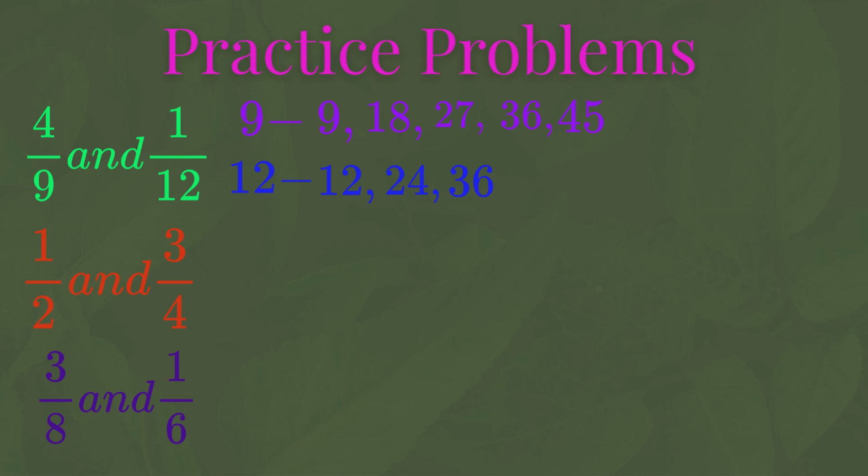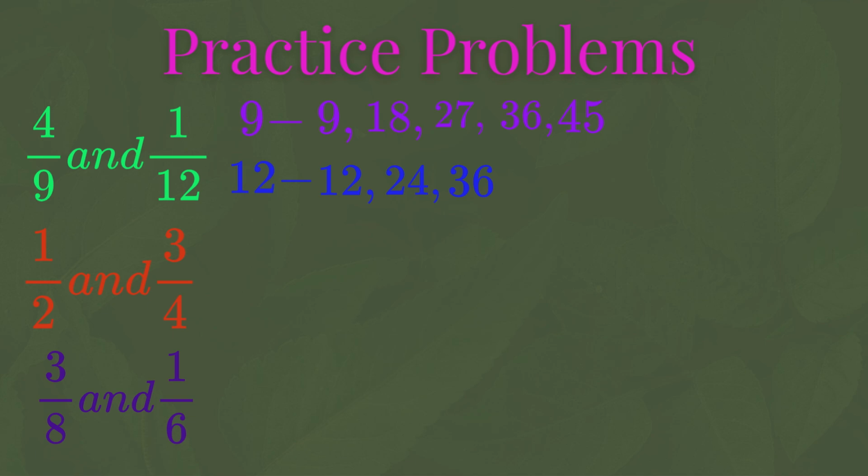My next two fractions are 1/2 and 3/4. Well, 1/2 has a denominator of 2, and 3/4 has a denominator of 4. 2 and 4 are two different denominators, and if I must have them alike, I need to find a least common denominator.